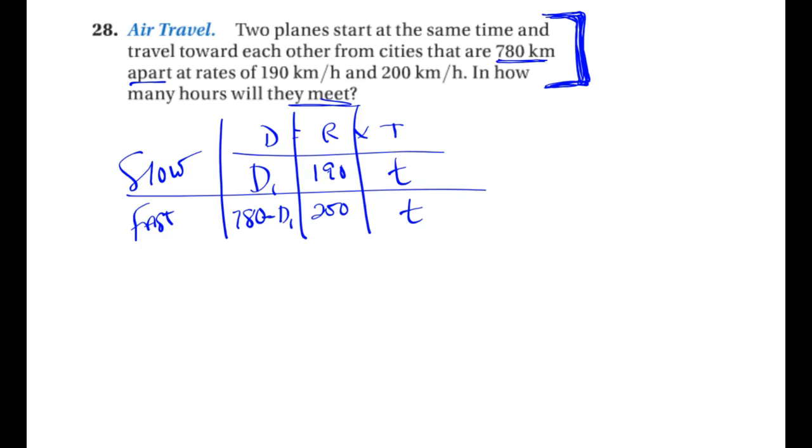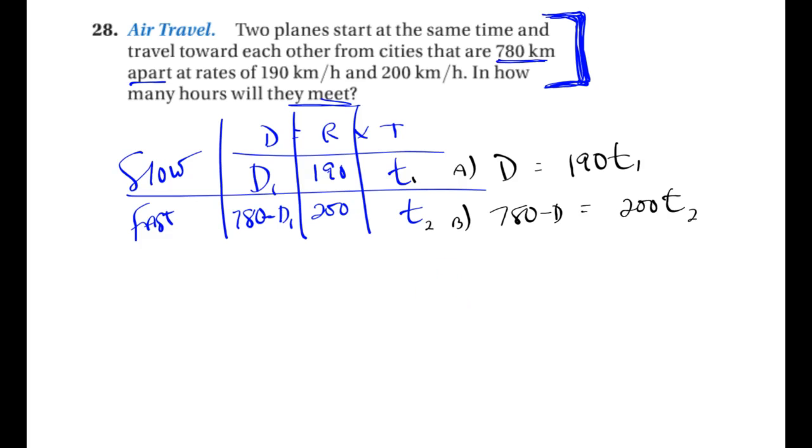So that was the first equation, distance equals rate times time. And the distance here will equal 200t. For equation A, I'd probably divide through by 190. Let's call this time 1 and call this time 2, because I know that time 1 should equal time 2.